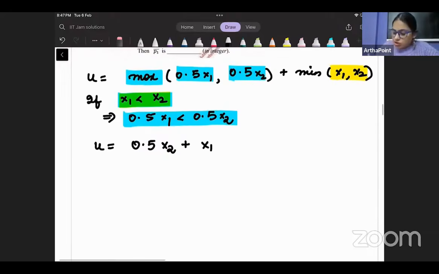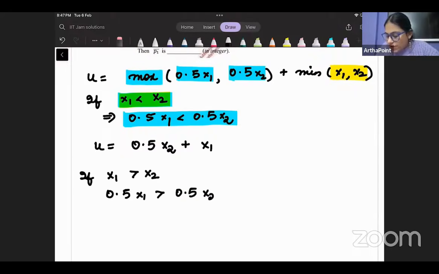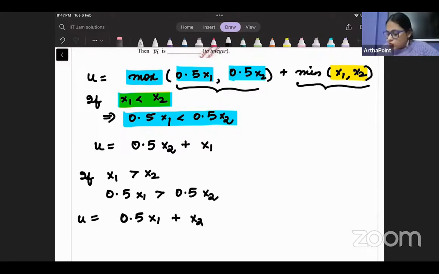Clear बेटा? अच्छा, if x1 is greater than x2, so बच्चे 0.5 x1 will also be greater than 0.5 x2. तो between them what will be the max value? 0.5 x1. बेटा what will be the minimum value? x2.